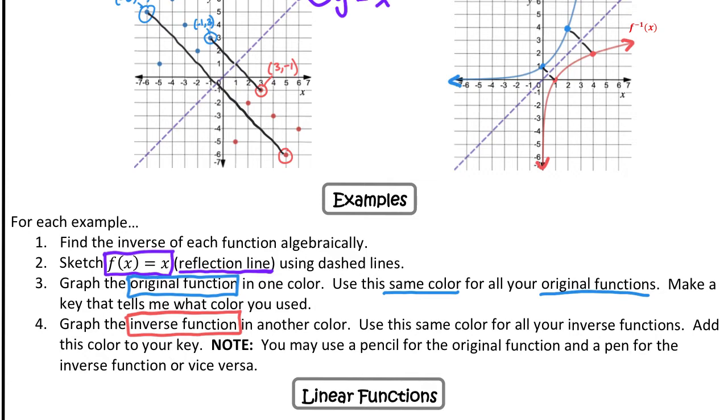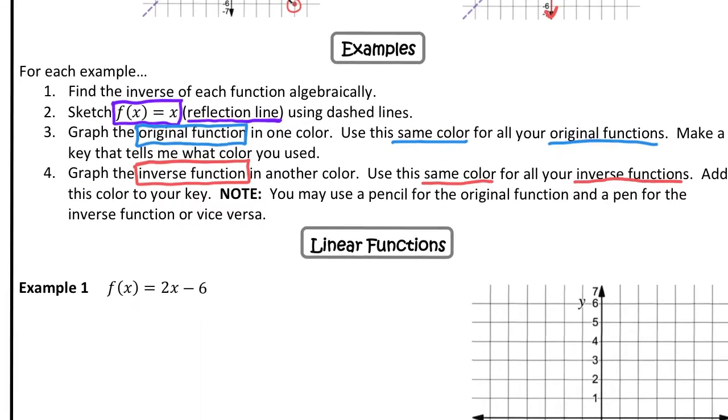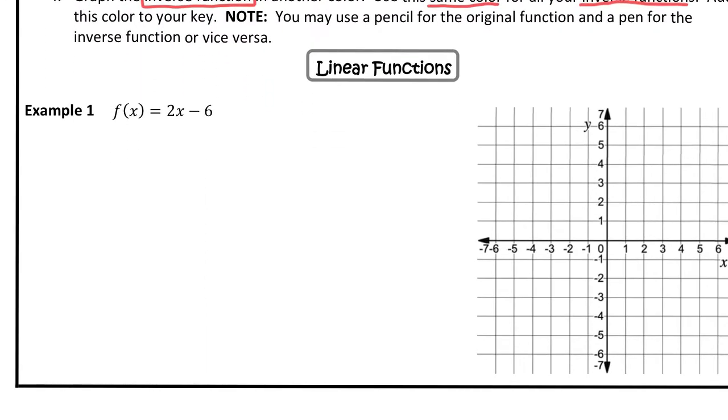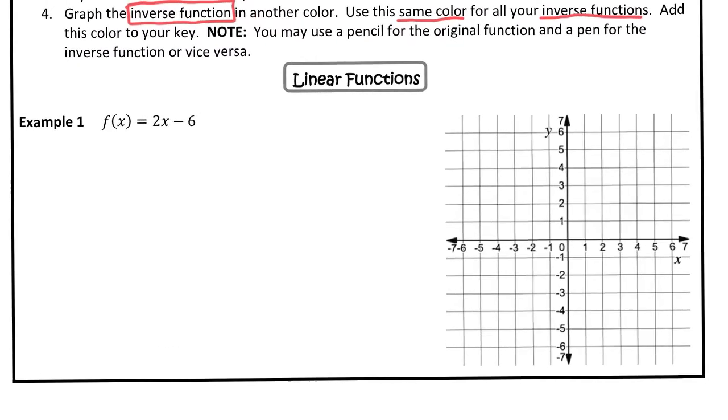I'm going to use blue, and use the same color for your inverses, and I'm going to use red. Okay, so just make sure you use the same color. So let's look at this first example. Let me slide up, and let me fix the spacing here.